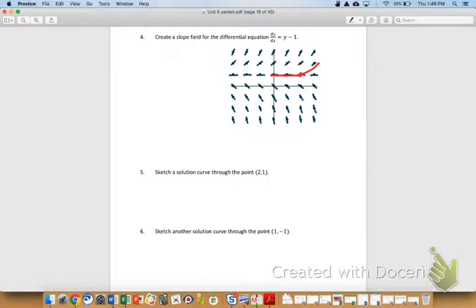What I really have to do here is recognize that my initial condition is on a part of the slope field that's just horizontal regardless of the x. So my solution curve for number 5 there would be a horizontal line right through there. Do you see how that is a function and it mimics the slope field around that initial condition and it goes through the initial condition?